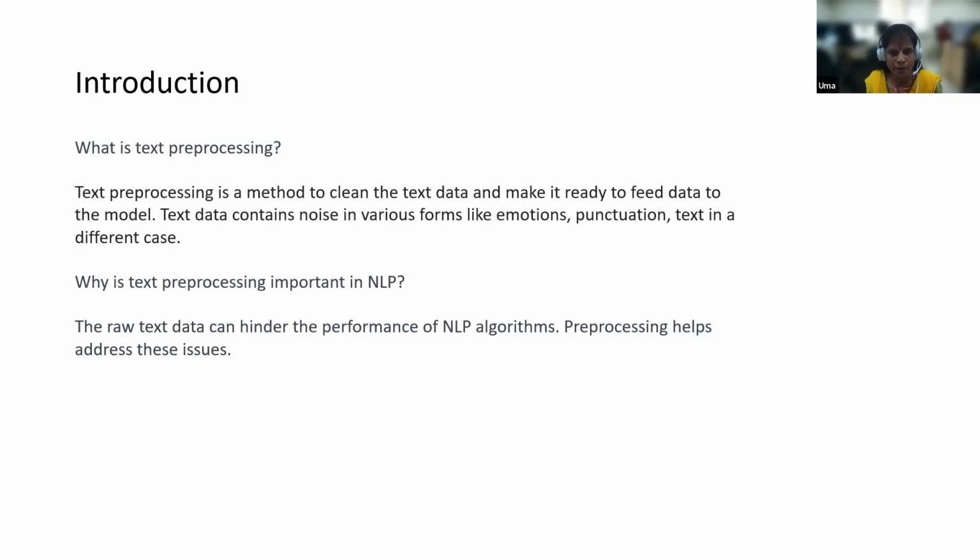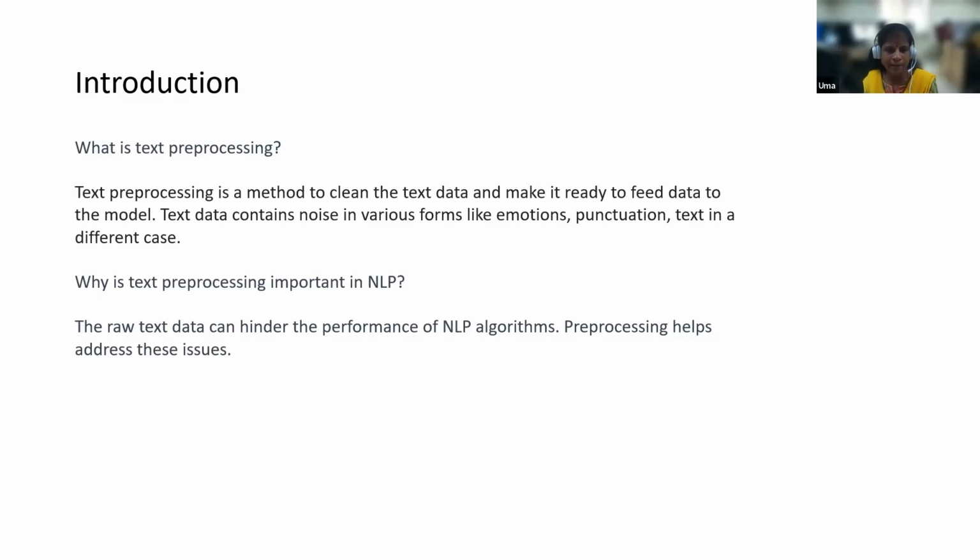If you feed the same raw data to the model, it won't be effective, and it would cause a lot of performance issues. So we use text pre-processing as a method to clean the text data and make it ready to feed to the model. It will clean all the unwanted stuff and feed the cleaned text data to the model.